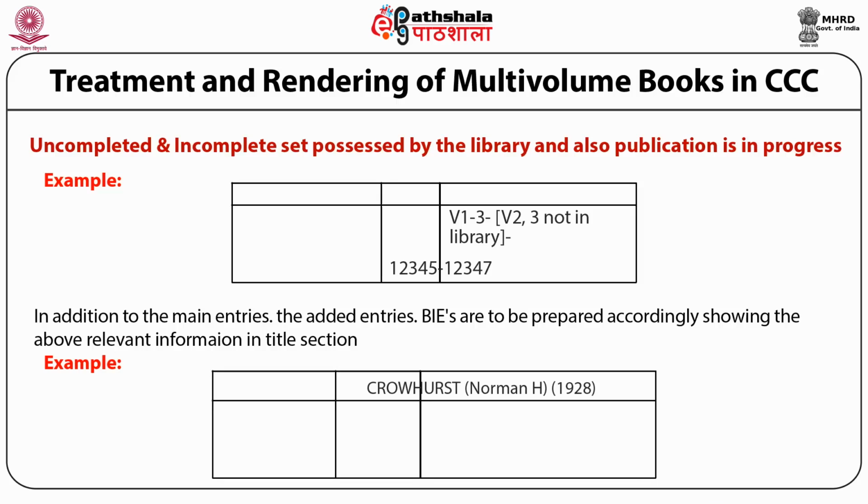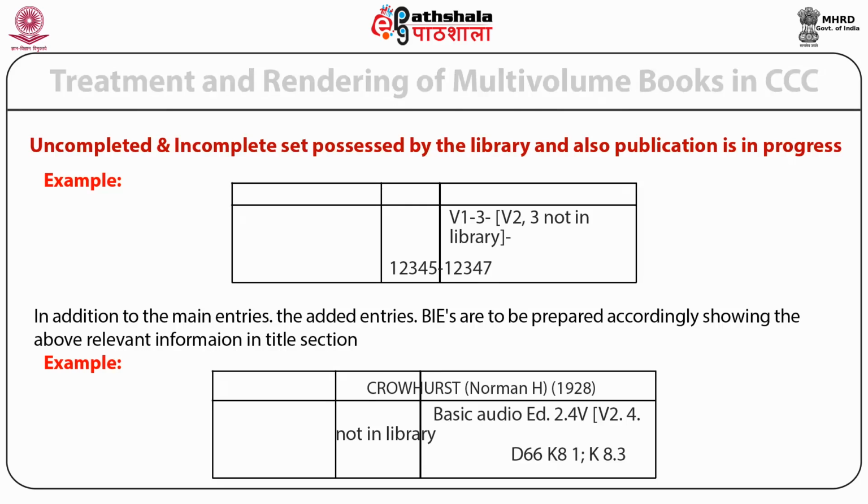It shows the title of the book, Basic Audio, ed2 edition second, 4v within square bracket V2 for not in library. It means the book is in 4 volumes, and out of the 4 volumes, only 2 volumes are available in the library, and volume 2 and 4 not purchased by the library. And third section, index number section, indicates the class number and book number of the volumes available in the library.